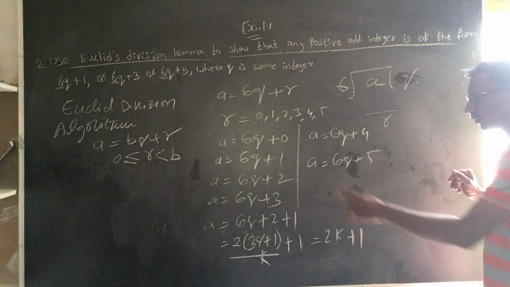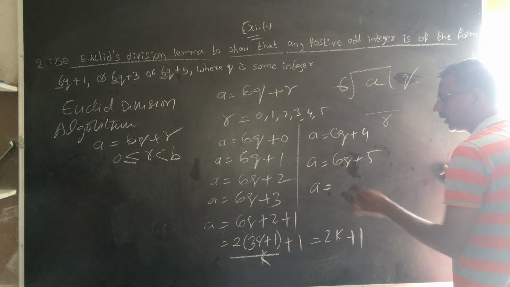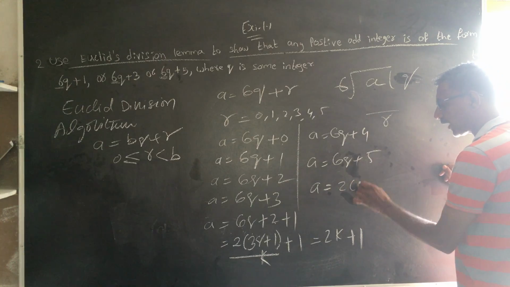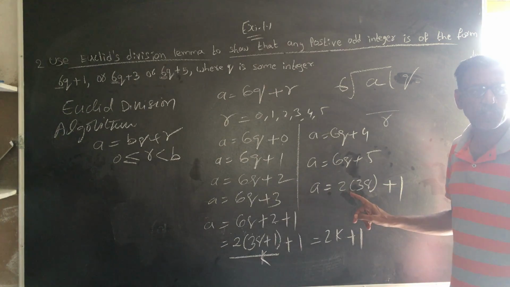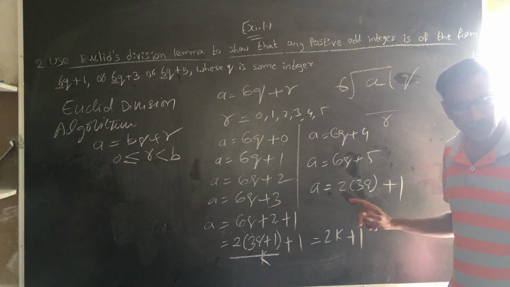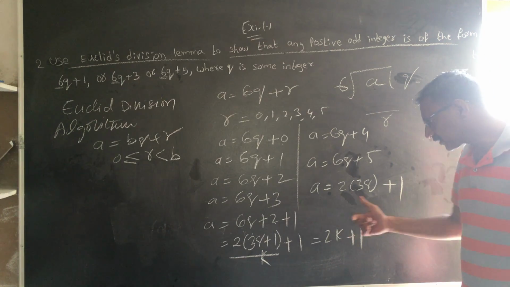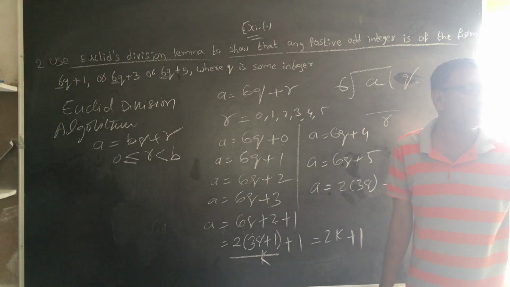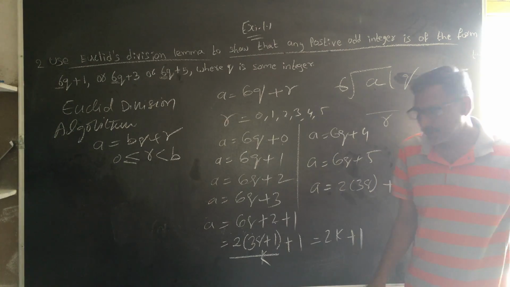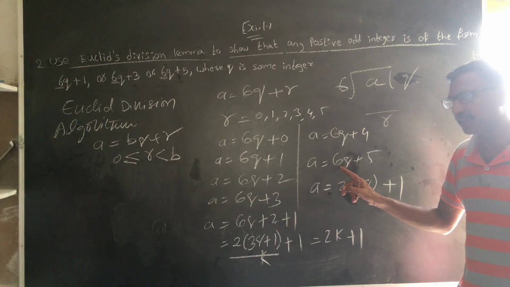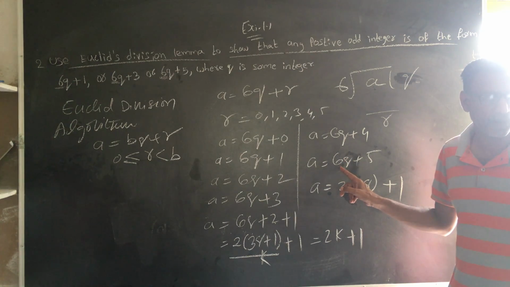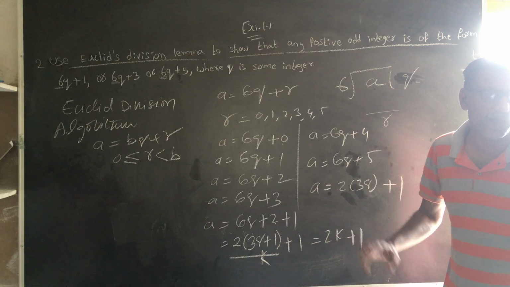If you take this one, a is equal to 2 times 3q plus 1. Can I write like this or not? 2 times 3 is 6q plus 1. It is also divided by 2 and leaves the remainder 1. Therefore, it is an odd integer or not? Similarly, can you try this one? We will get a remainder 1. It is divided by 2.